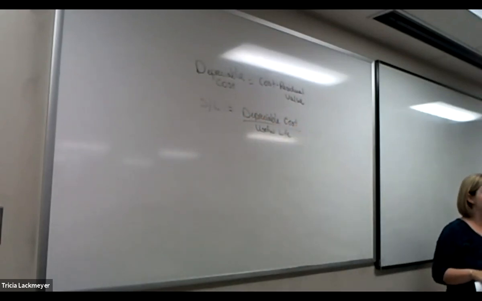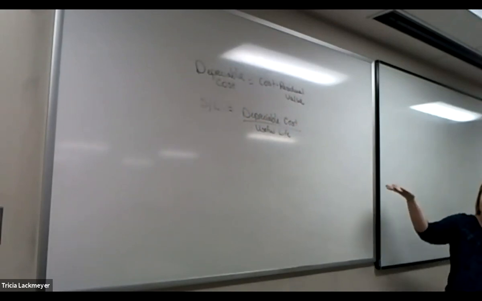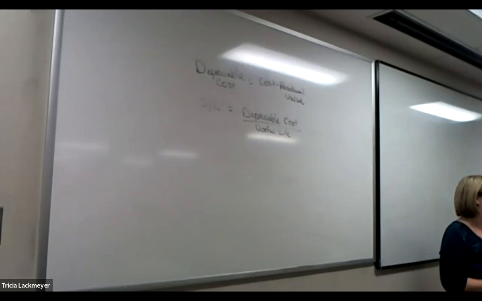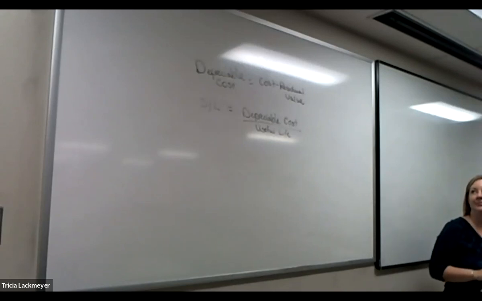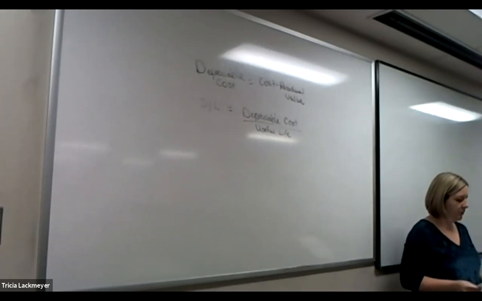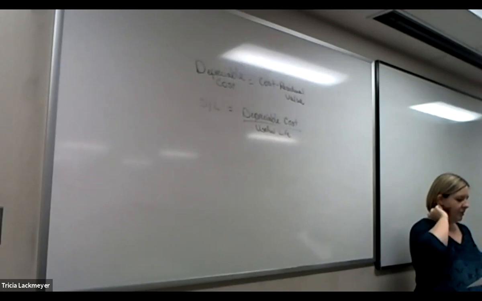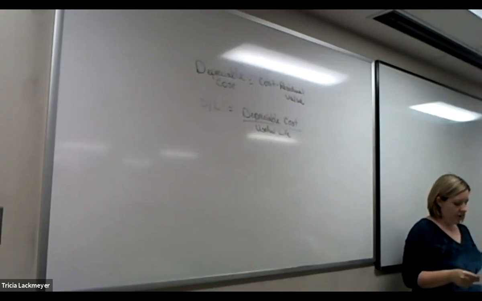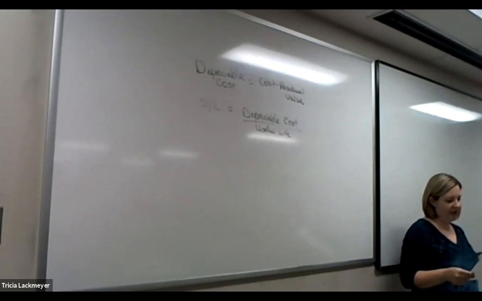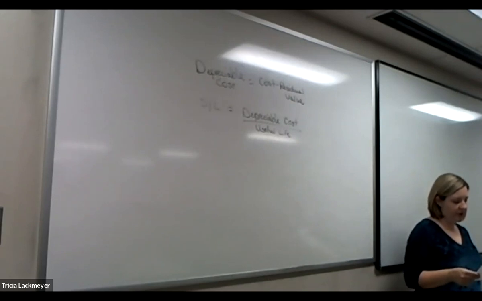If you see that on the test, it asks you to choose what the straight line formula is, you might see it as depreciable cost divided by useful life. But it's the same, cost minus salvage or residual over useful life. We're just plugging in a formula there. This is all like multiple choice stuff so far.